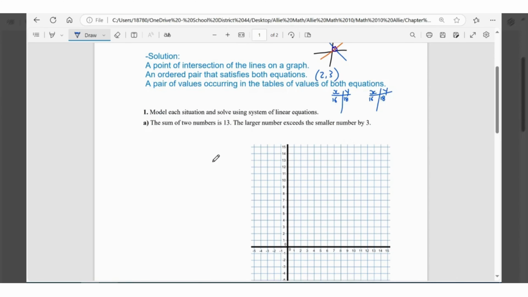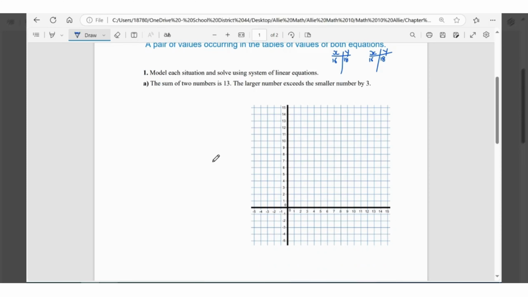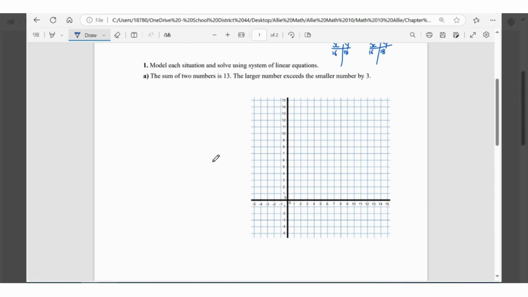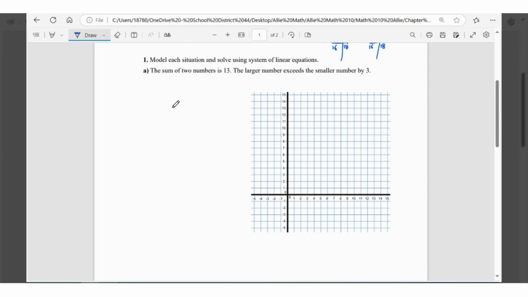So let's look at our first one. Modeling is usually creating an equation from a word problem. So for each situation, model and solve using systems of linear equations. The sum of two numbers is 13. Okay, so x plus y equals 13.